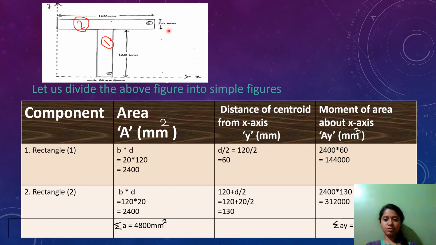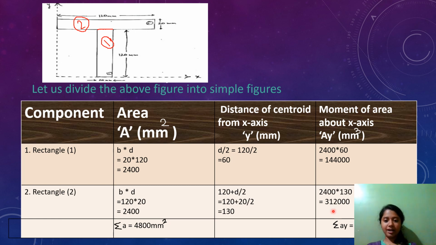D is 20, so it is 20 by 2, that is 10. It will be 120 plus 10, 130. Now the moment of area about x-axis, that is 2400 into 130, we get 3,12,000.